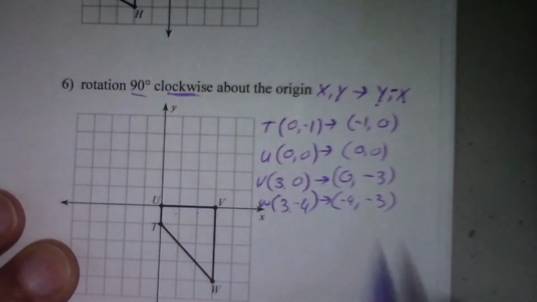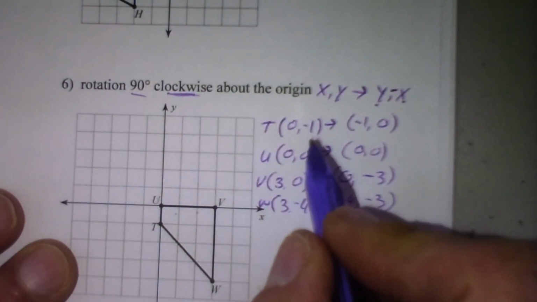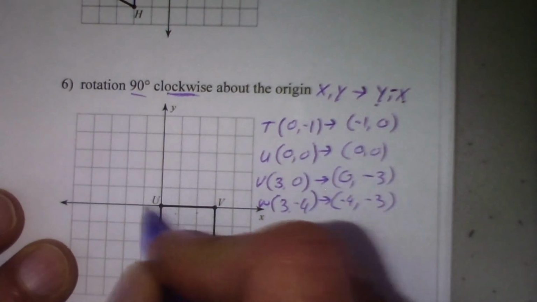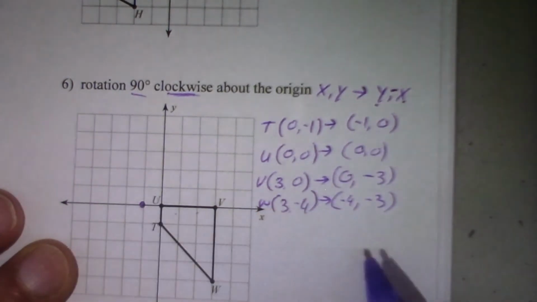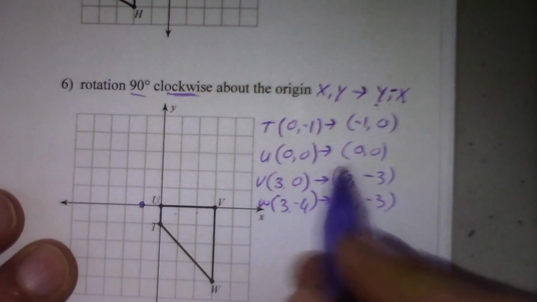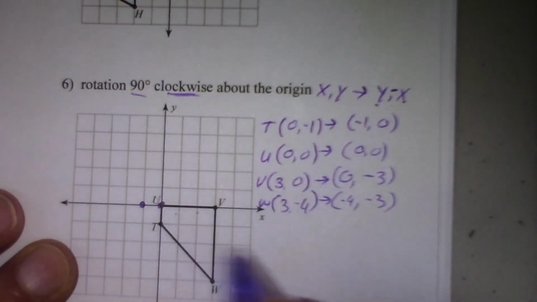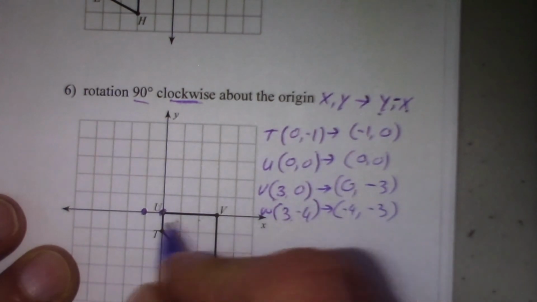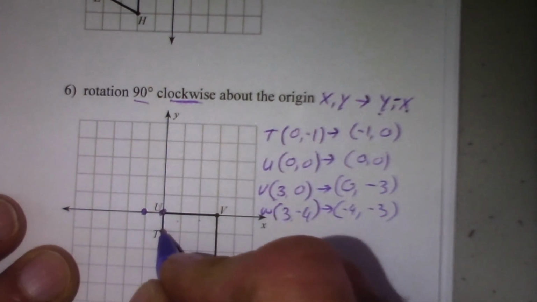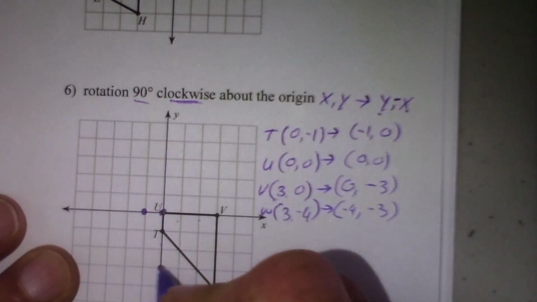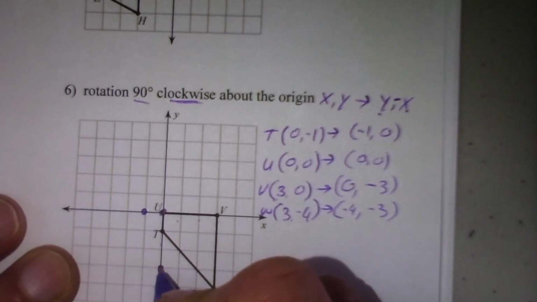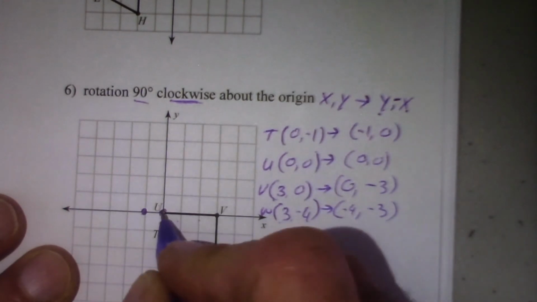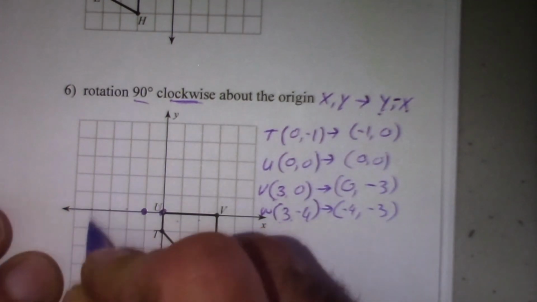So let's plot it. 0, negative 1 becomes negative 1, 0. So negative 1, 0. 0, 0 stays 0, 0, it's right there. 3, 0 becomes 0, negative 3, so 0 and negative 3. And 3, negative 4 becomes negative 4, negative 3. So 1, 2, 3, 4, 1, 2, 3.